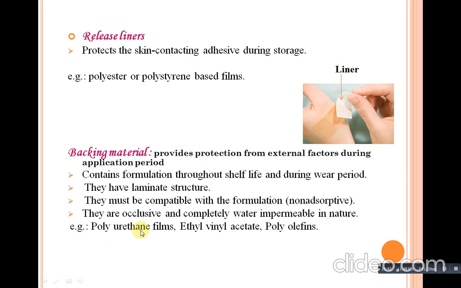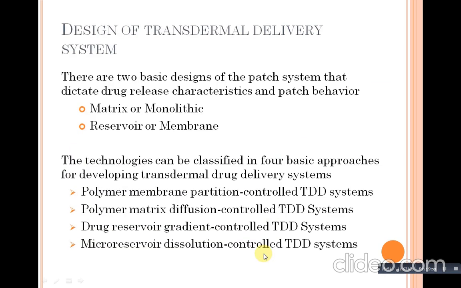The materials used for preparation of backing material are polyurethane films, ethylene vinyl acetate, and polyolefins. Now, design of transdermal drug delivery system. There are two basic designs of patch system that dictate drug release characteristics and patch behavior.